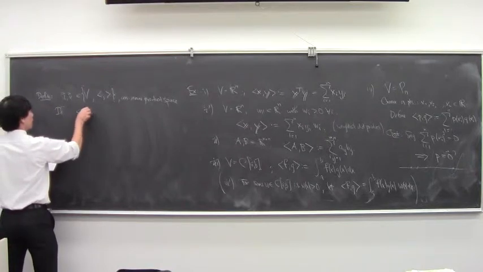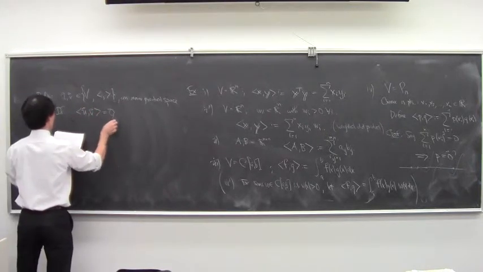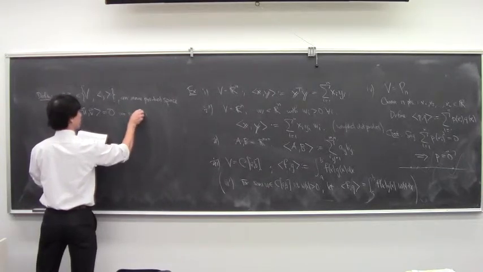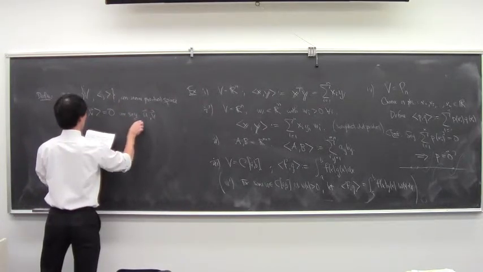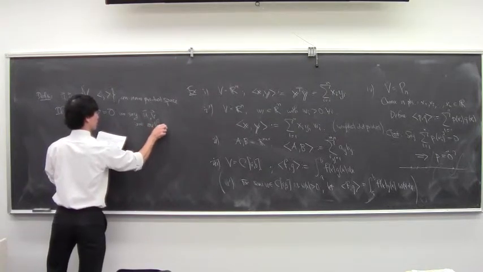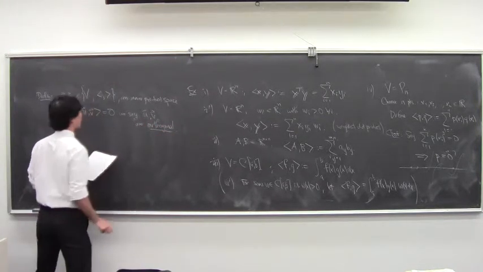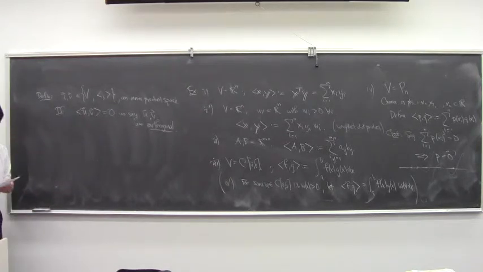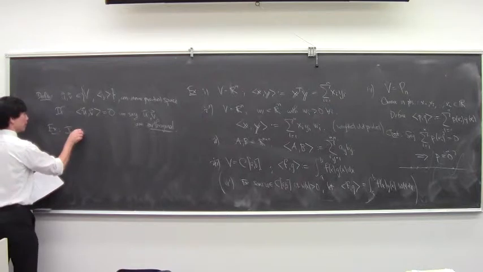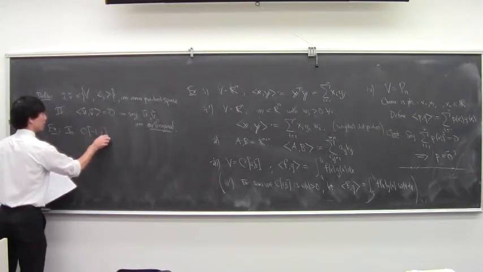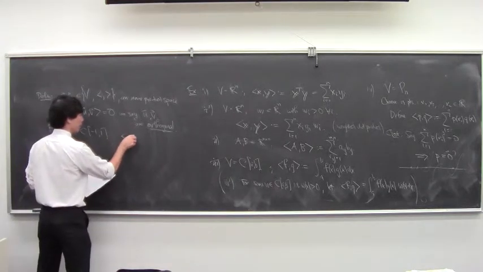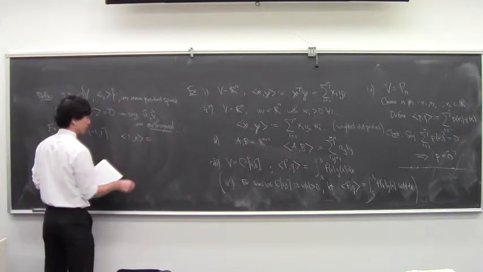If the inner product is zero, we say u and v are orthogonal. So, say in the continuous functions on [-1, 1], the functions 1 and x.